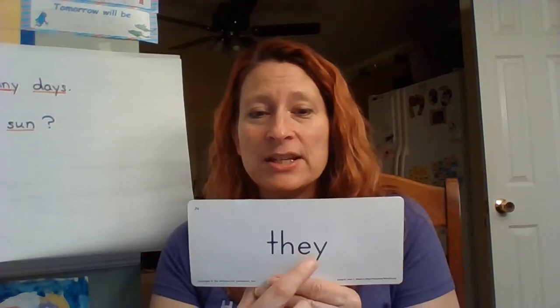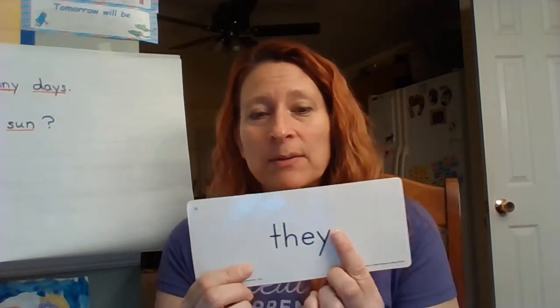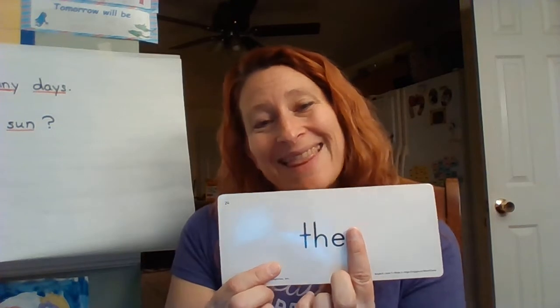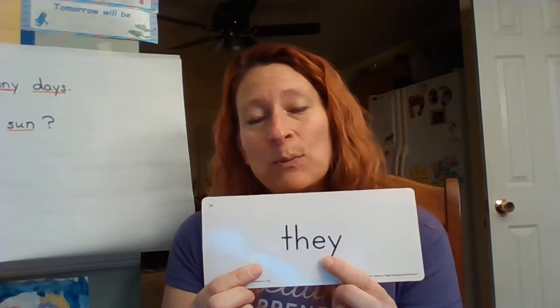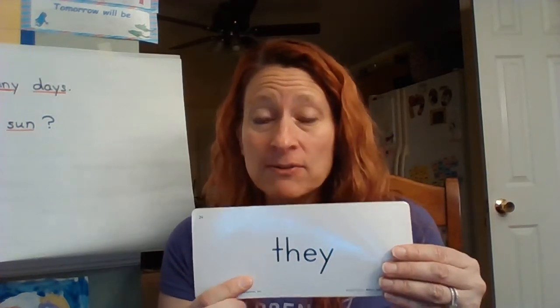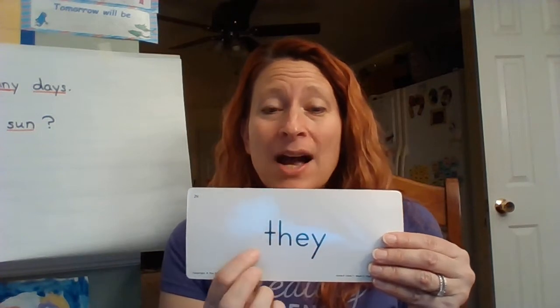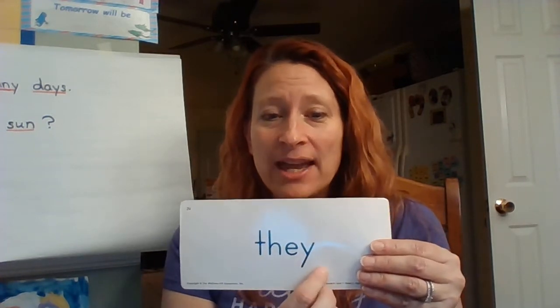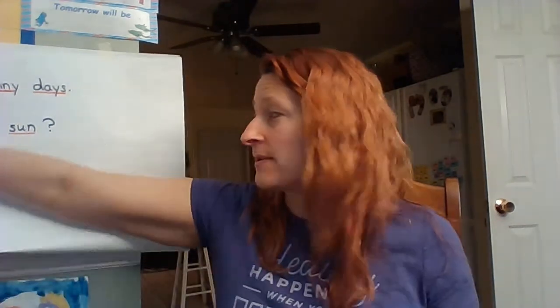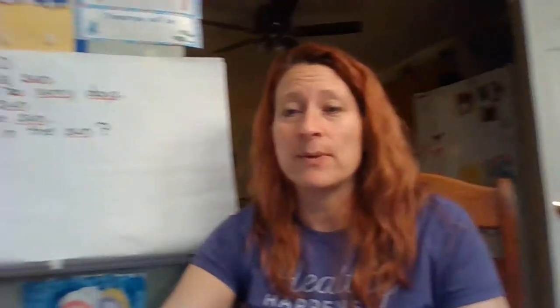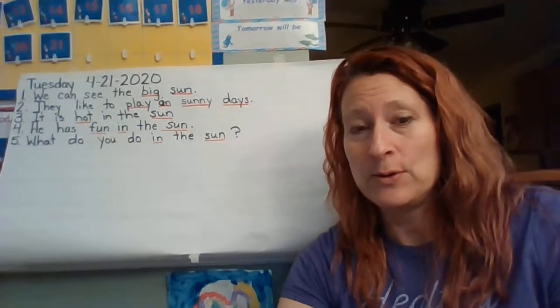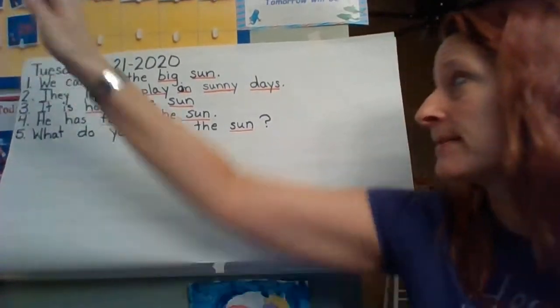They, T-H-E-Y, they. Now remember, if I cross off the Y, you get the, but if we put the Y on it, it's going to change it to they. All right, that's the last of our trick words. So now we're going to turn this way so that you can see our sentences.